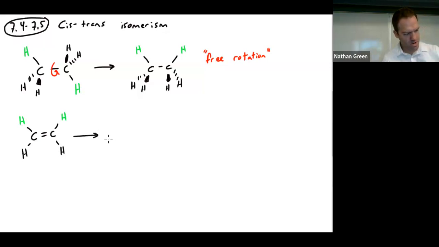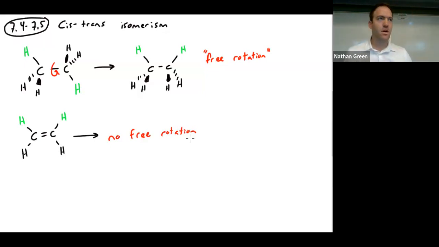There is no free rotation here. Which means when the hydrogens are both on the same side of the molecule, they will always remain on the same side of the molecule. If the hydrogens are on opposite sides of the molecule, they will remain on opposite sides of the molecule. This leads to a three-dimensional orientation difference between the two, which is stereochemistry.